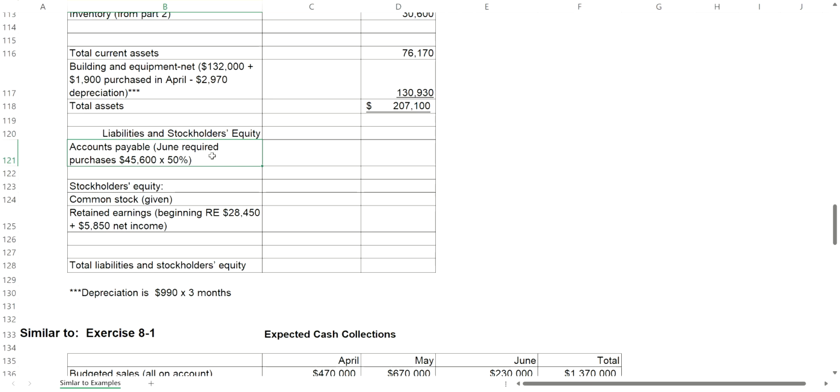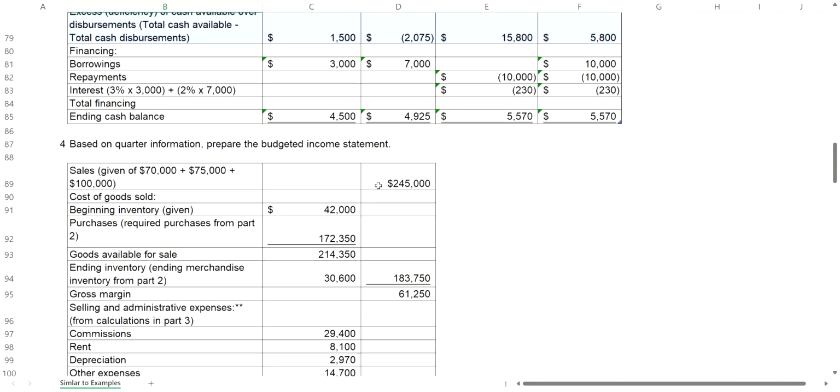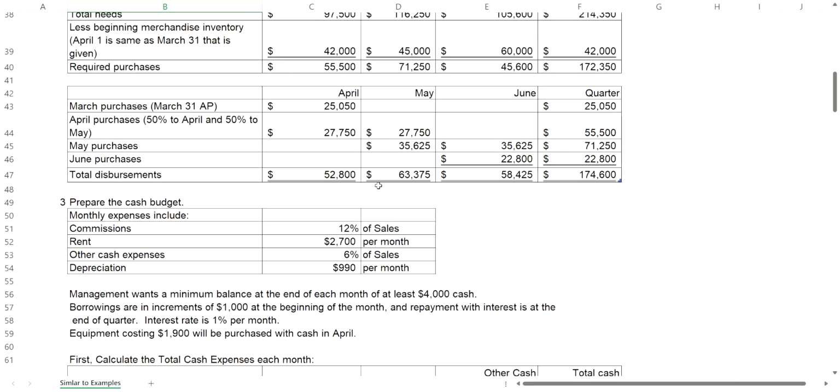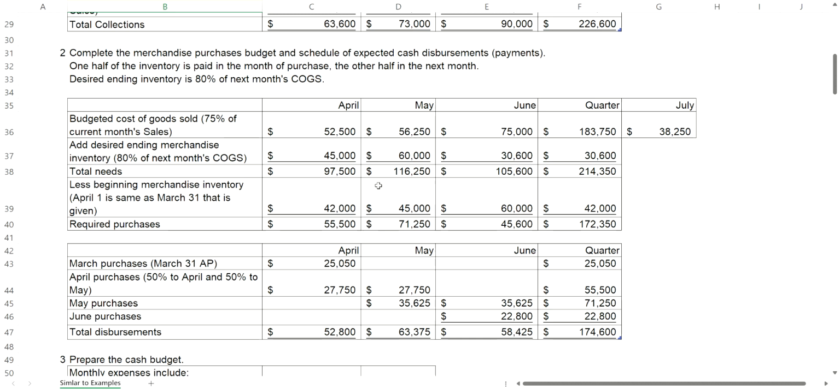Okay, next let's go to our liabilities. Remember that we pay 1/2 in the current month, 1/2 in the next when we make purchases. So that means for June, we want to go back to June's purchases, which is $45,600. And you see if we go back here to our purchases budget that we did in part 2, and look for June's purchases, the required purchases.